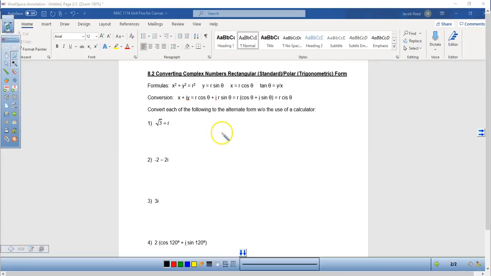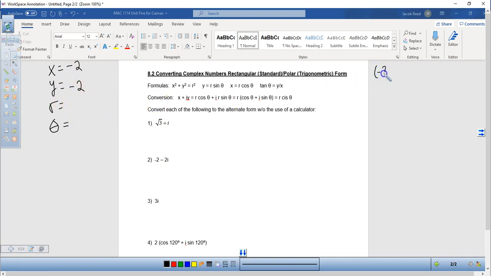So moving to number 2, we need to know x, y, r, theta. Well, x is negative 2. Y is negative 2. Remember, x, and then the coefficient in front of i is our y. And I need to know r.